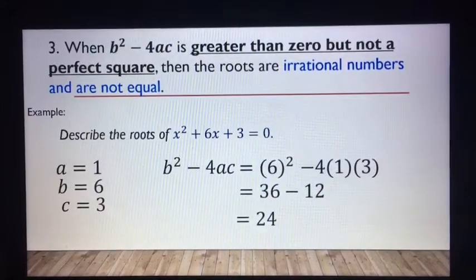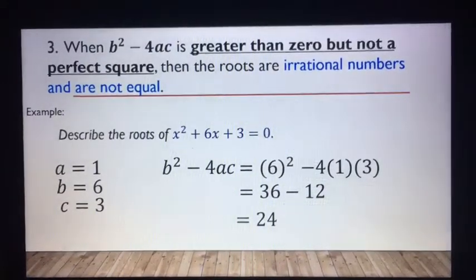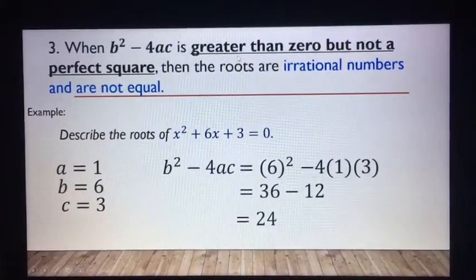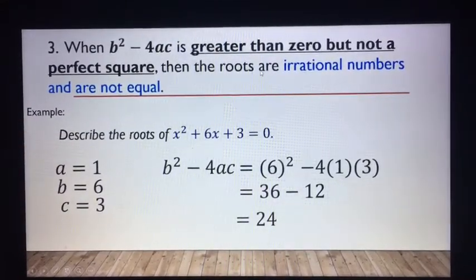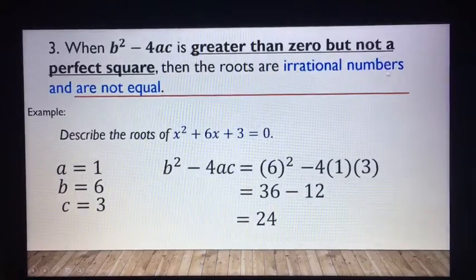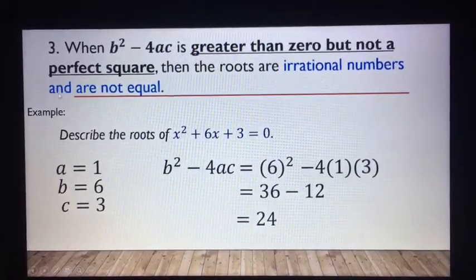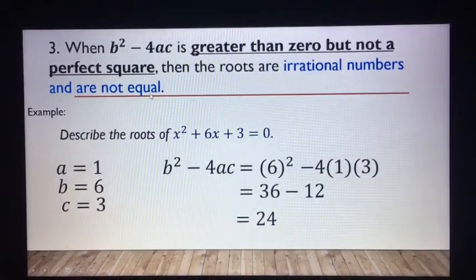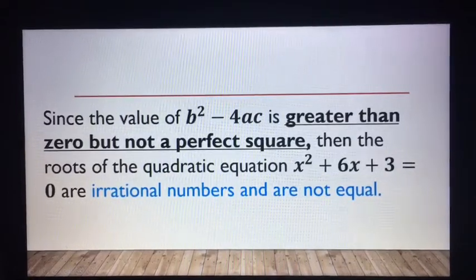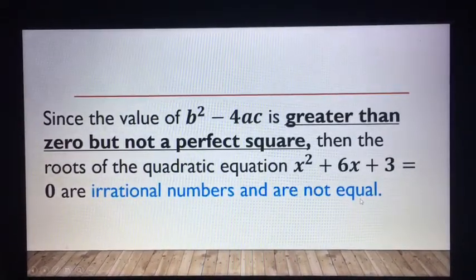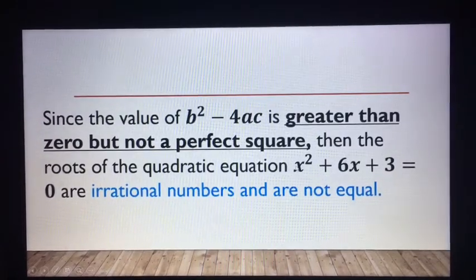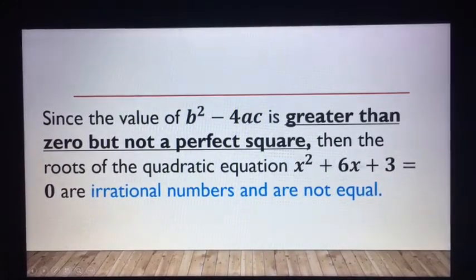So, hindi ito perfect square ang 24. So, pag greater than 0 pero hindi perfect square, ang roots nila ay irrational numbers and are not equal. Okay? Ito yung nature of the roots of the equation x squared plus 6x plus 3 equals 0.